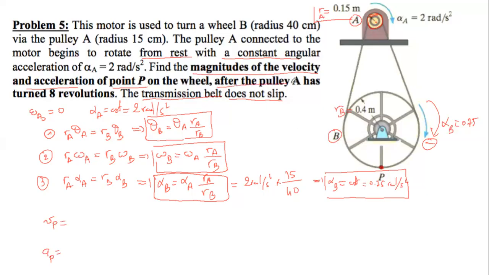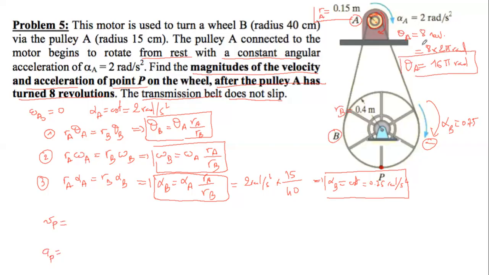After the pulley A has turned 8 revolutions. Basically, I'm telling you that theta A should be 8 revolutions. So 8 rotations is 8 times 1 revolution, and 1 revolution is 2 pi radians. So theta A is 16 pi radians.